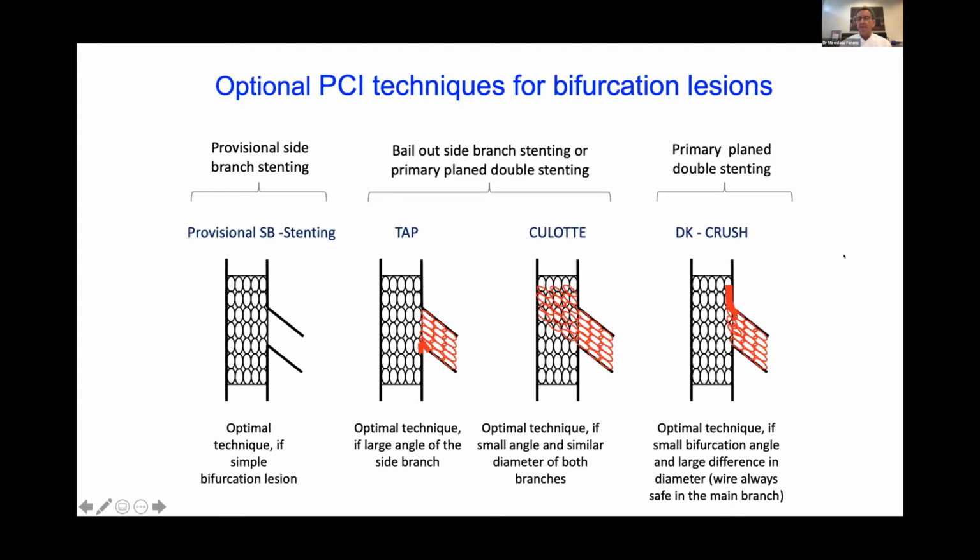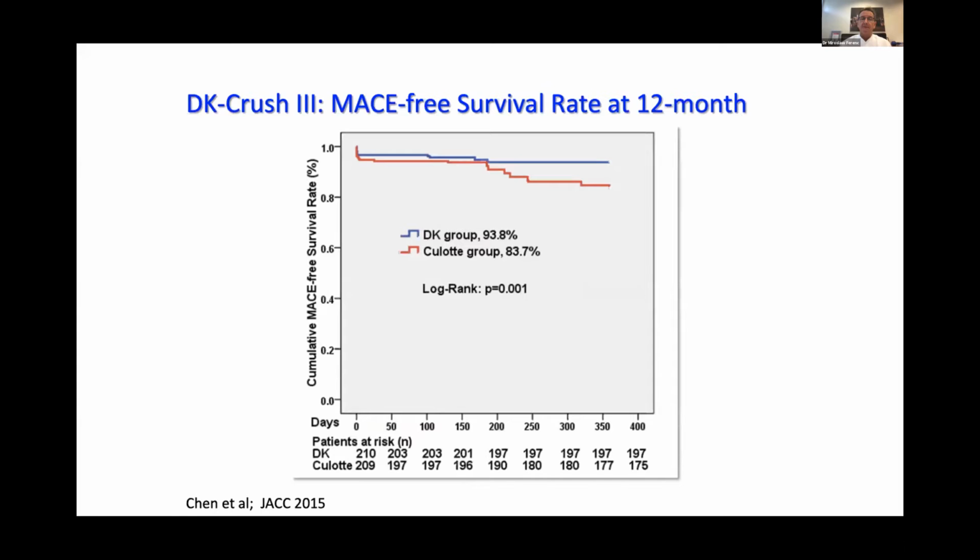There is a part of patients who definitely need primary stenting of the side branch, and then you can go very easily with DK crush, but this is technically the most challenging approach. Dr. Chen will go into details of both studies. From the DKCRUSH-III trial, there is a significant benefit for DK crush.